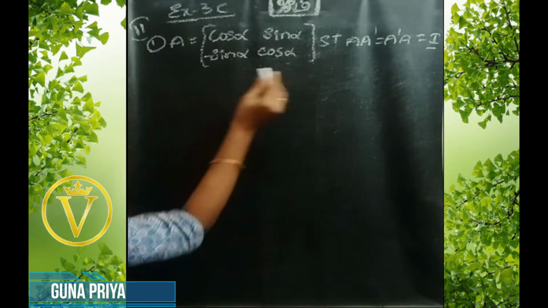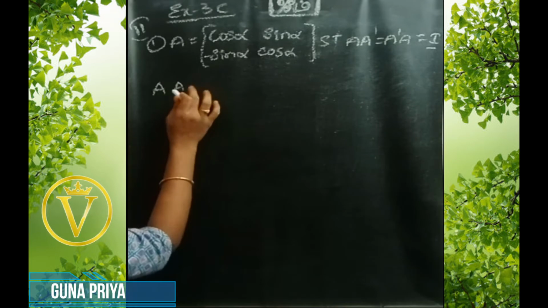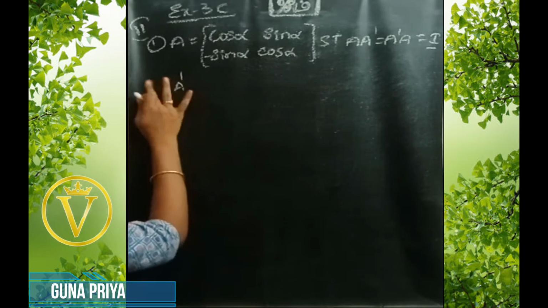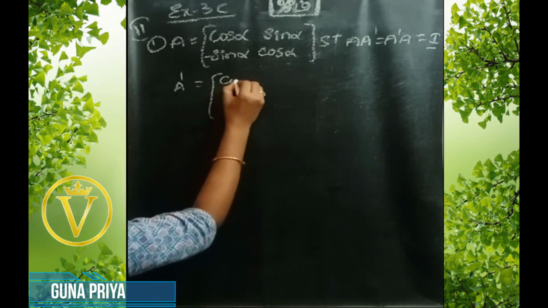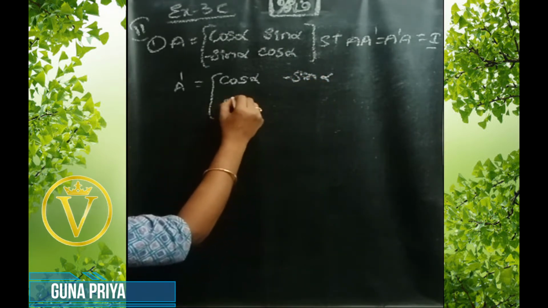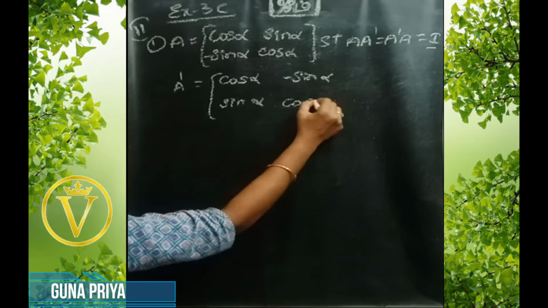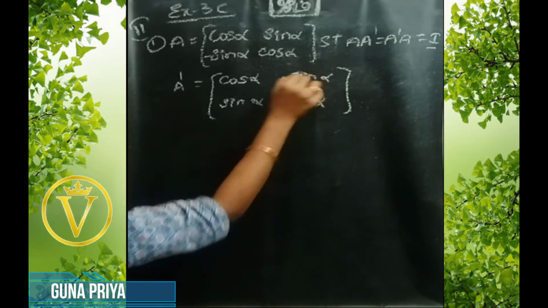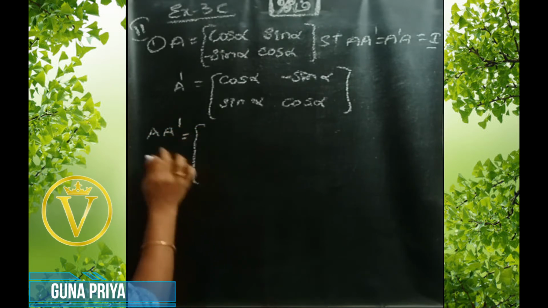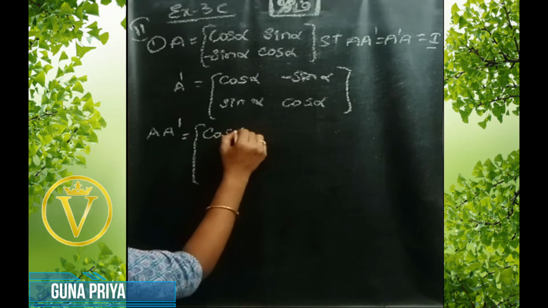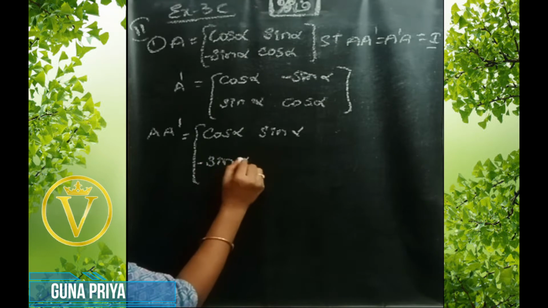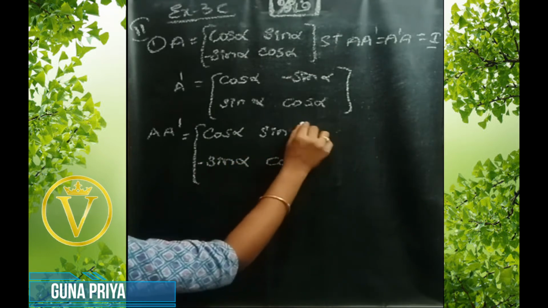First we will find A transpose. What is the A transpose here? What is the A value? The A matrix is cos alpha, sin alpha, minus sin alpha, cos alpha.